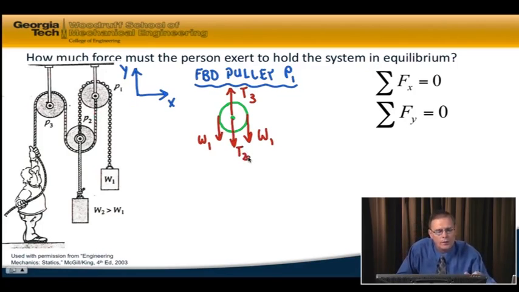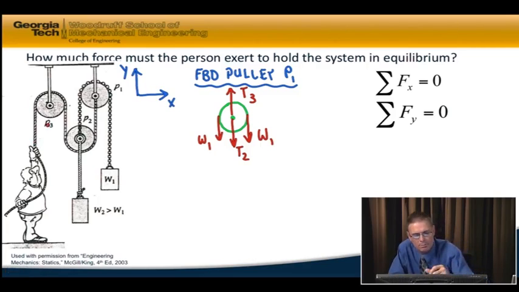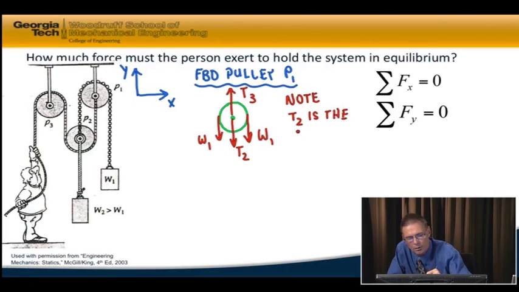I want you to note on T2 that if I follow the tension in T2 all the way around here, it's actually the tension or the force that the person must exert to hold the system in equilibrium. So let's make a note of that. We'll note that T2 is the force the person exerts. So that's going to be our answer.